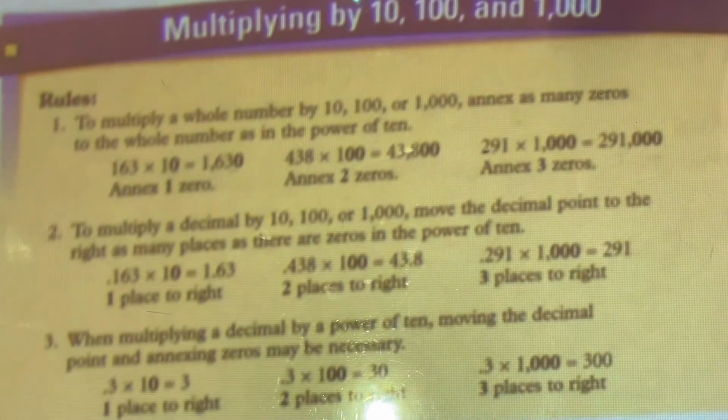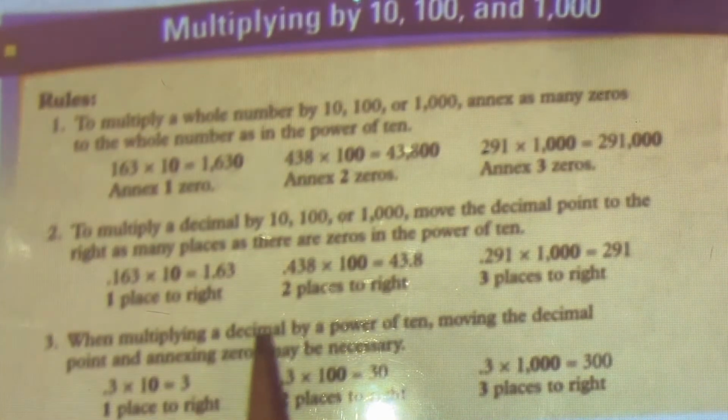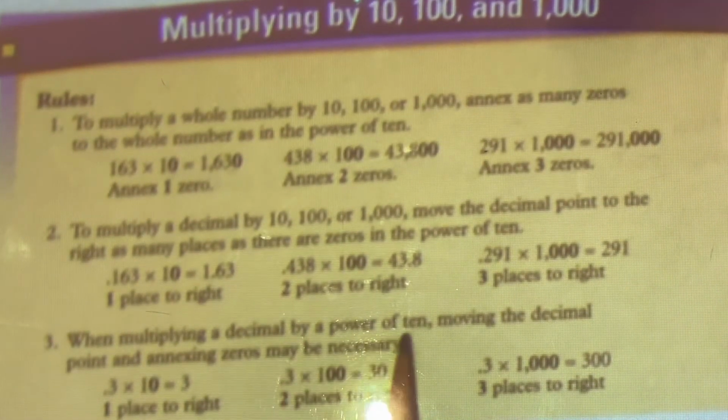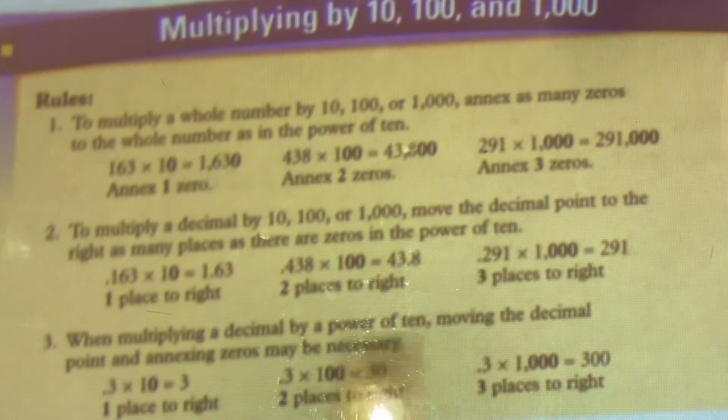Number 3 says when multiplying a decimal by a power of 10, moving the decimal point and adding zeros may be necessary. So 0.3 times 10, we move the decimal point 1 place to the right, and that makes the number 3.